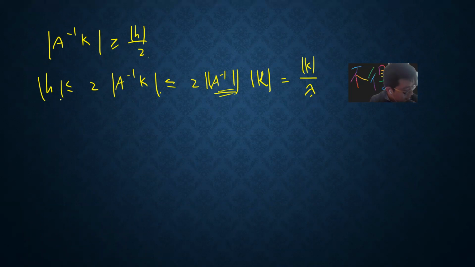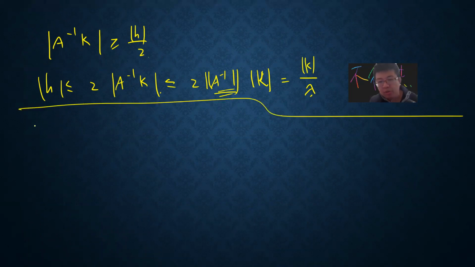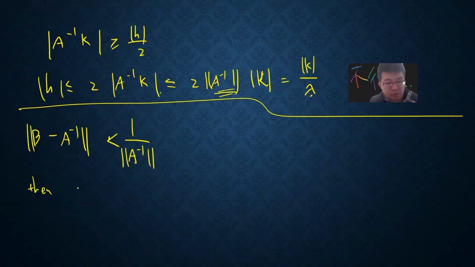Okay, so there's a theorem that I proved in a previous video. The theorem says that if the norm of B minus A is less or equal to 1 over the norm of A inverse, then B will be invertible.